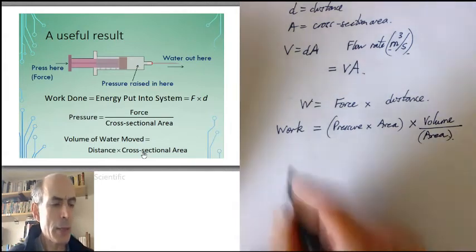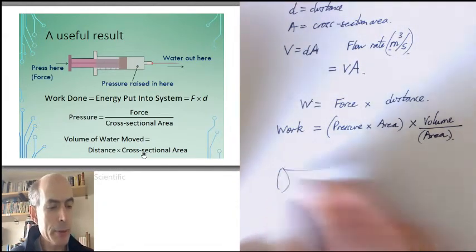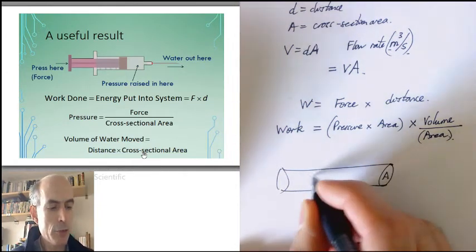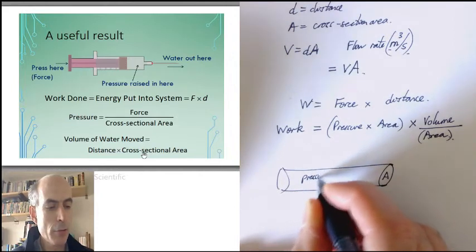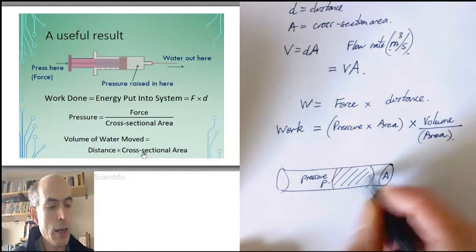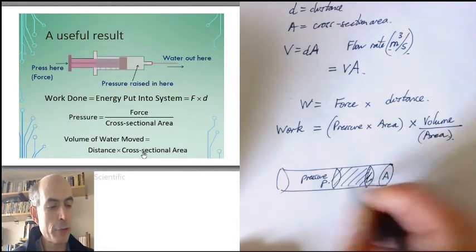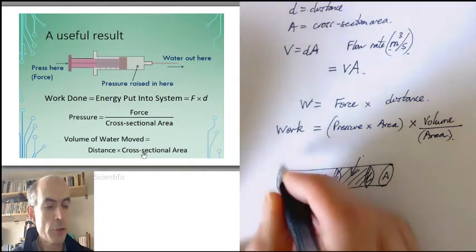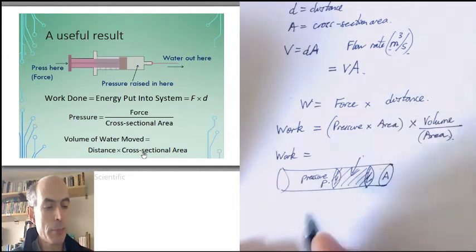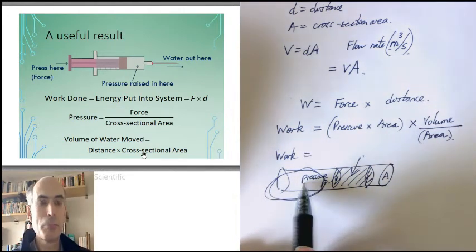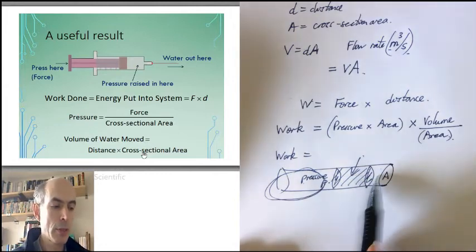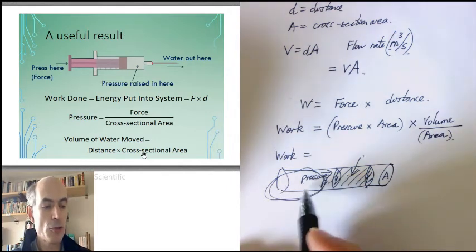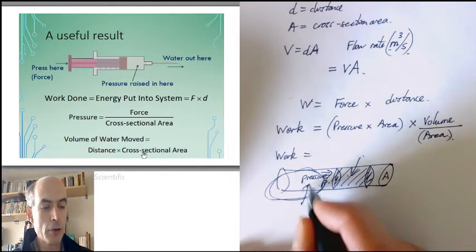So if we're considering fluid moving in a pipe, which has a cross-sectional area of A, and a pressure P in the fluid, and a volume, say, V of that fluid, that's the volume in there, moves along the pipe, then we could say that the work that has to be done by the fluid on this side here to push that volume through the pipe has got to be equal to the pressure being exerted on that fluid, which is just the pressure of the fluid in this part of the pipe.